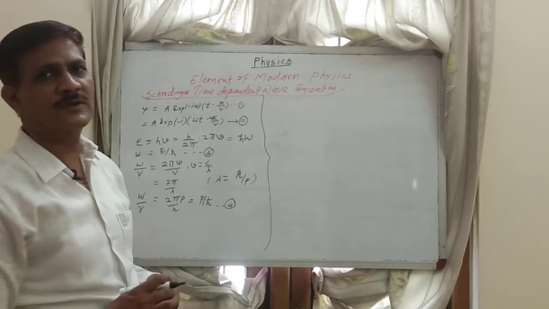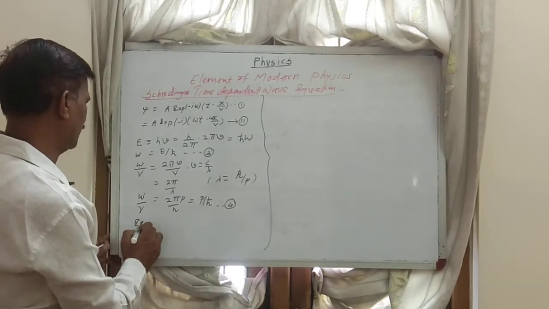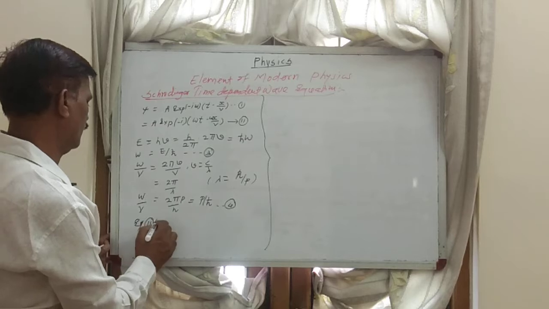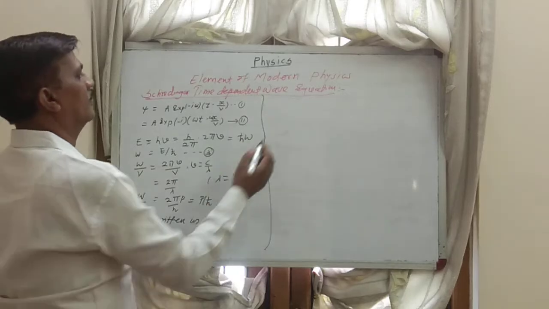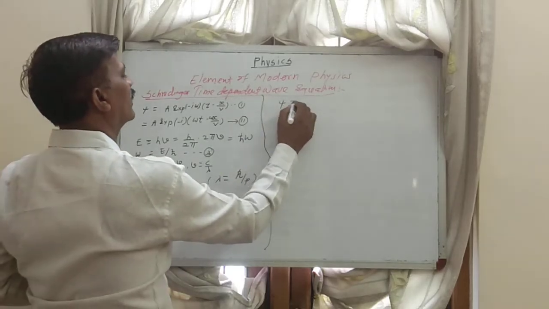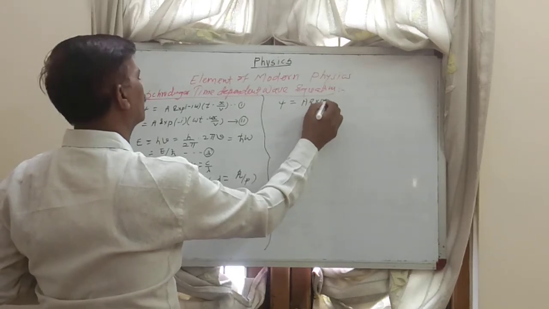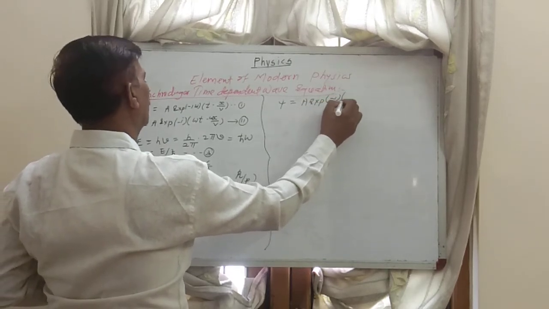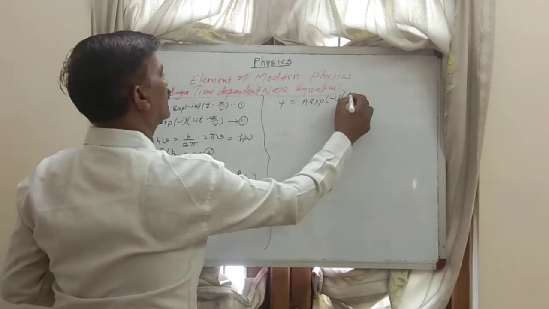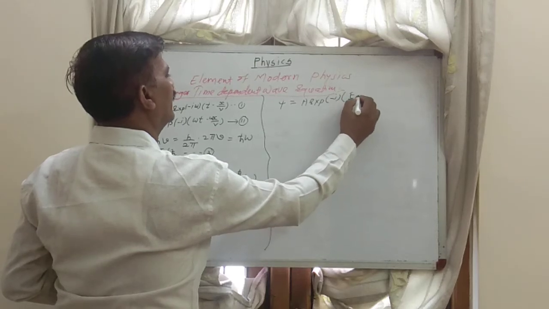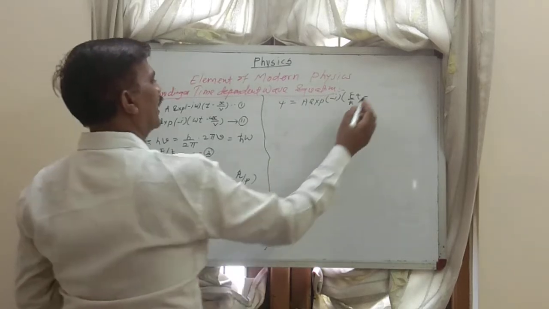By using equations 3 and 4, equation 2 is written as psi equals a exponential minus i omega t minus omega x by v. From equation 3, omega is E by h cross, and omega by v is p by h cross.